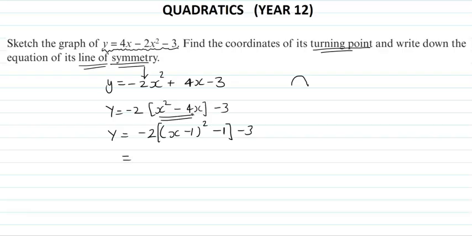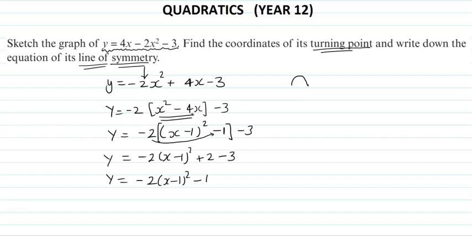So once you multiply, it should be minus 2 x minus 1 square. When you multiply minus 2 with the minus 1, it should be plus 2 and it is minus 3. So we got y equal to minus 2 x minus 1 square and it is minus 1.